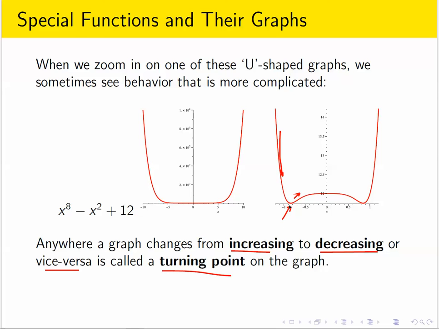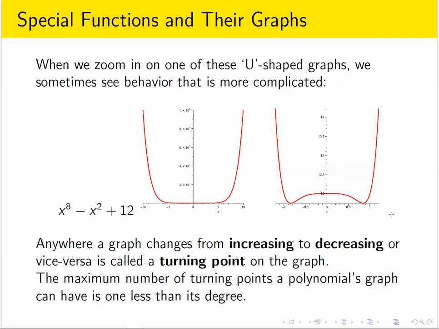So this point right here is a turning point. This point is also a turning point because it goes from decreasing to increasing there. And this is a turning point where the function is increasing very slightly and then decreasing very slightly. So anywhere it changes the behavior like that, we call it a turning point.